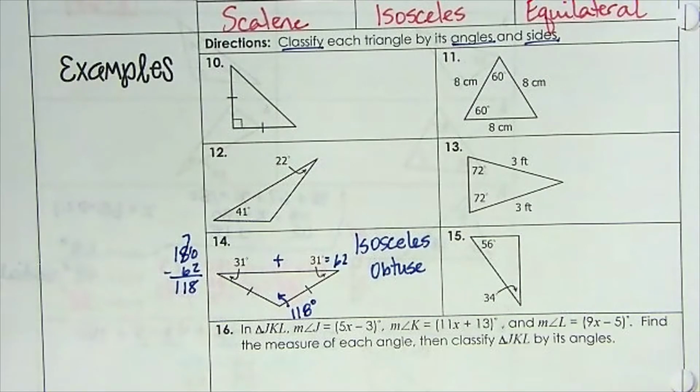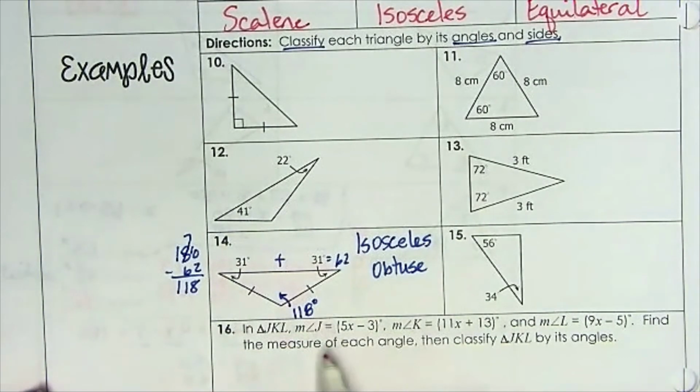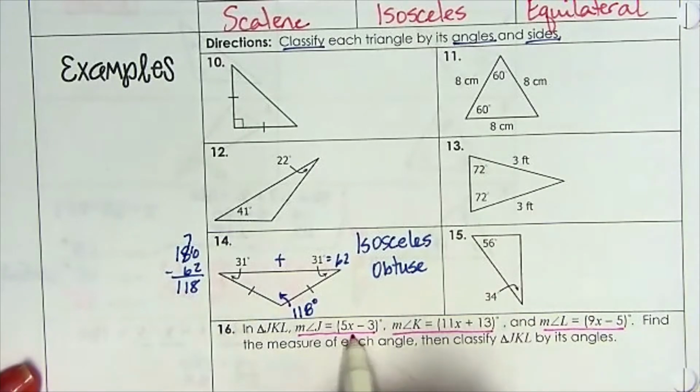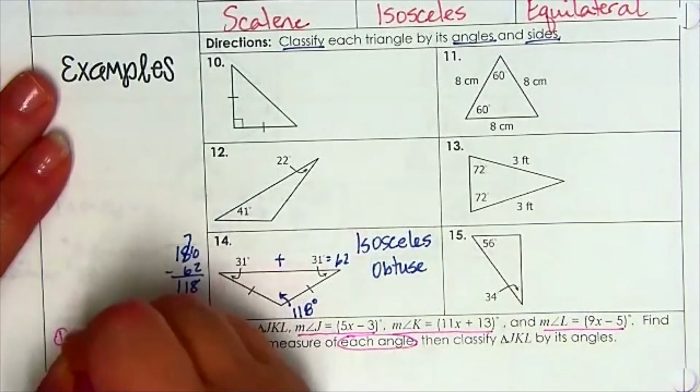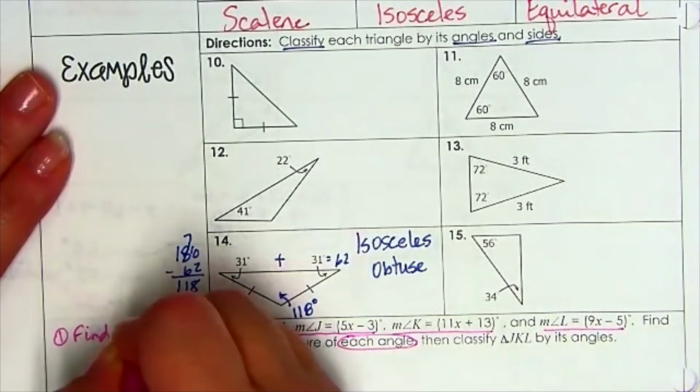So we're looking at 16. It says triangle JKL, the measure of angle J is 5x minus 3, K is 11x plus 13, L is 9x minus 5. Find the measure of each angle. So I've got to first find x, then find the measure of each angle. First step, find x.